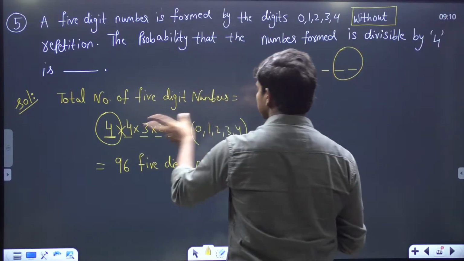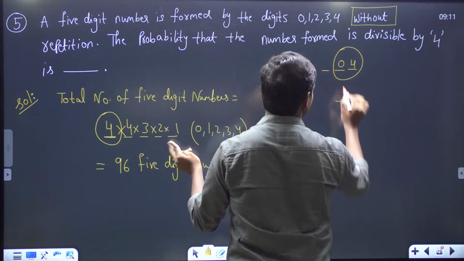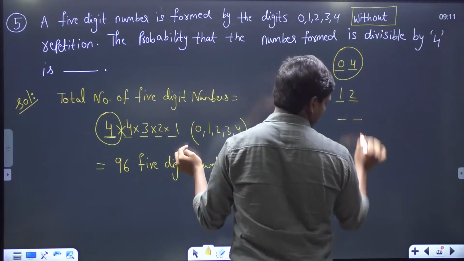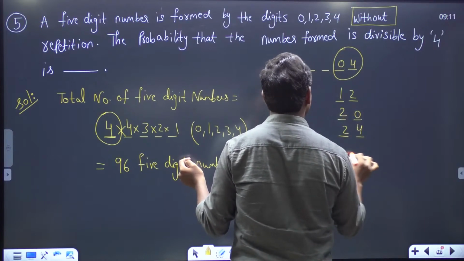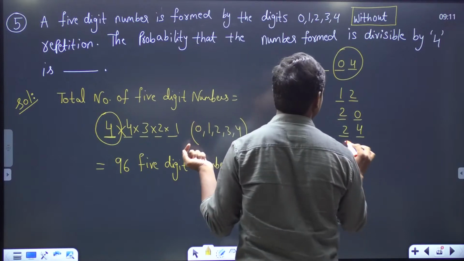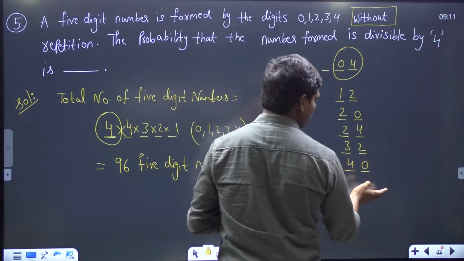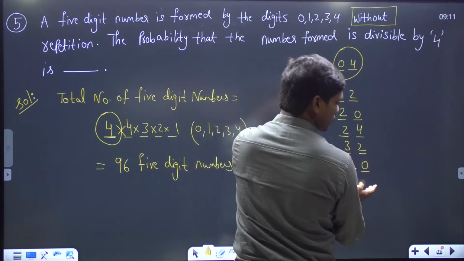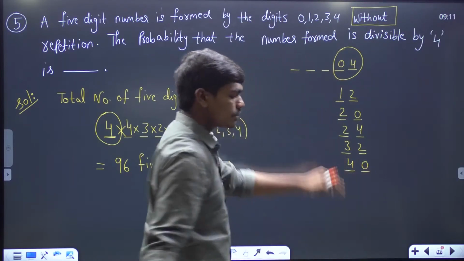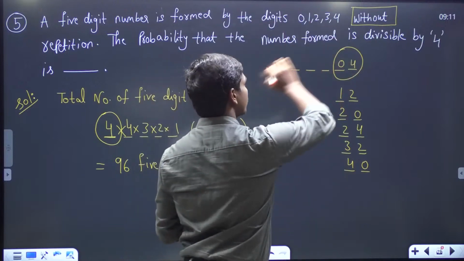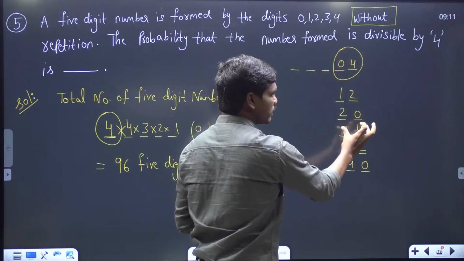So from these digits, we can have 04, 08 but 8 is not present, so 12, 16 is not present, so 20, then 24, 28 is not present, then 32, 36 is not present, so 40, then 44 but repetition is not allowed so we can't take 44, 48 we can't take because 8 is not here, and after that numbers increase. So the 5-digit numbers can end with 04, 12, 20, 24, 32, 40.